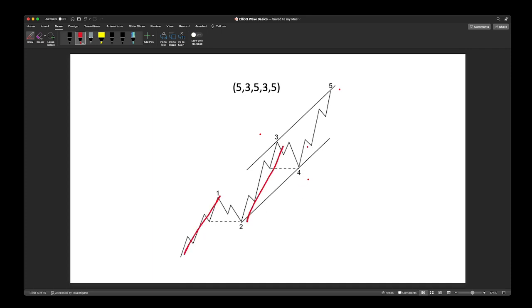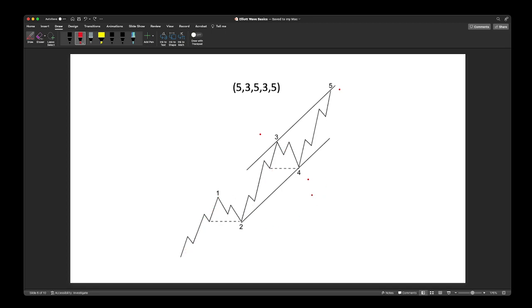Three waves go with the tendency. So if the motive is to go up, waves 1, 3, and 5 will go in that same direction. And then waves 2 and 4 go against that trend.